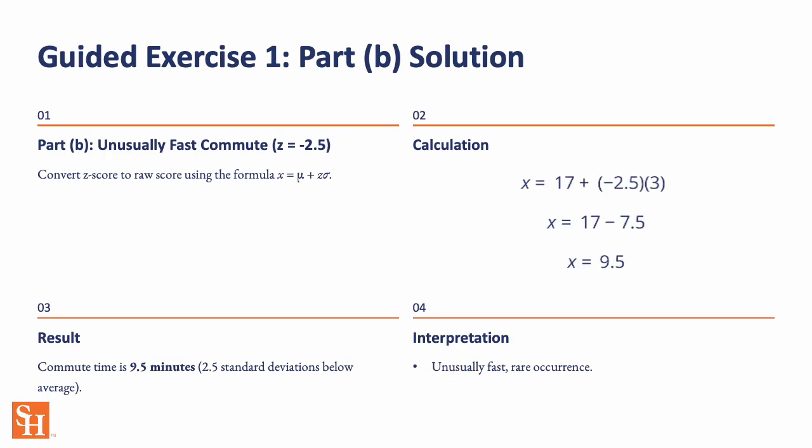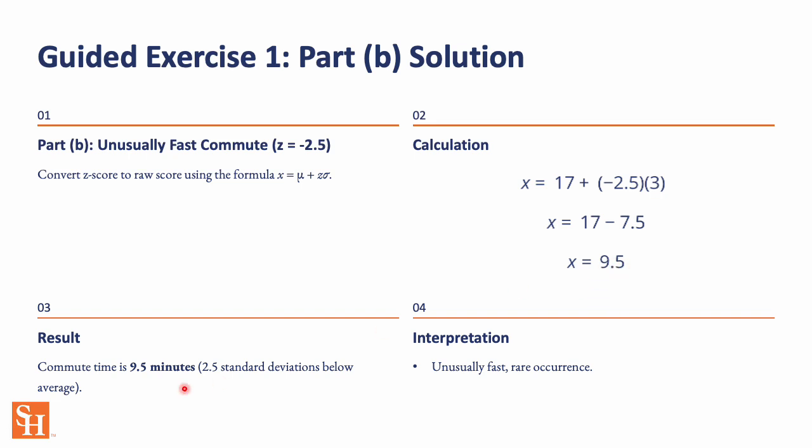In the previous slide we saw how we can calculate the Z score from the raw score, and now we will see how we can calculate the raw score from the Z score. We can do that by using this formula, where mu is the mean, z is the Z score, and sigma is the standard deviation. Then the raw score associated with a Z score of negative 2.5 is this, where 17 is the mean and 3 is the standard deviation, and the number we get is 9.5.